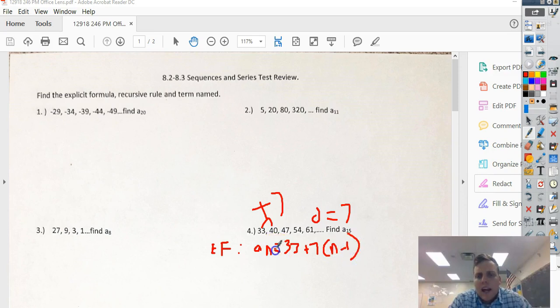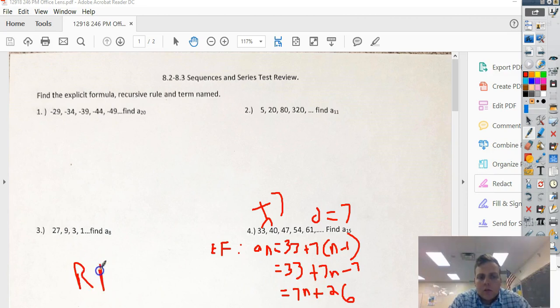Now I multiply the 7n, so I get 33 plus 7n. 7 times negative 1 is negative 7. Put like terms together, and I get 7n. 33 and negative 7 go together to make 26. Plus 26. Awesome, there's your explicit formula.